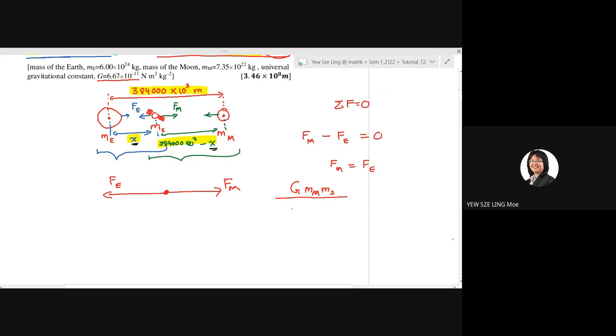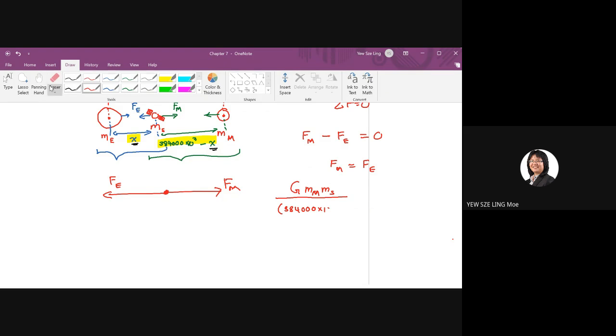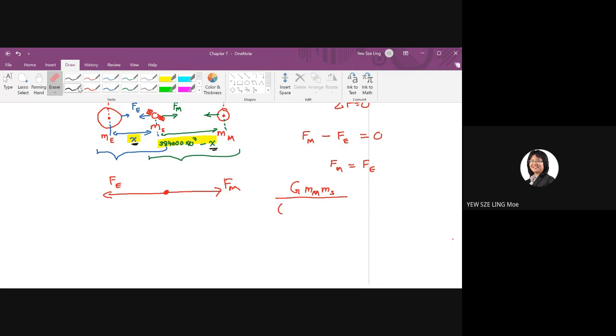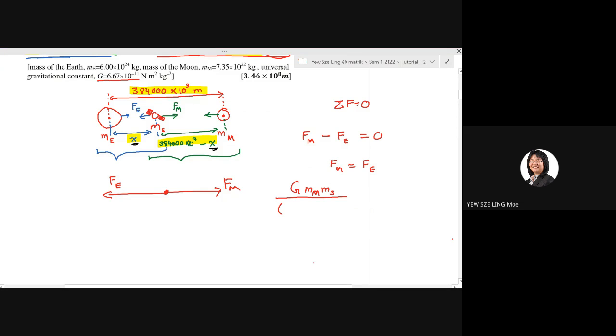So now my r is 384,000 times 10 to the power of 3, or I'm just going to make it easier by writing it as 3.84 times 10 to the power of 8, minus x, and then remember to square it.